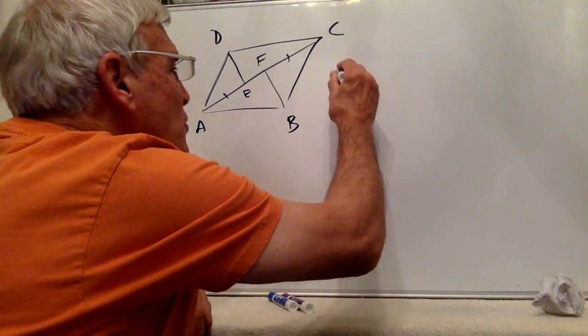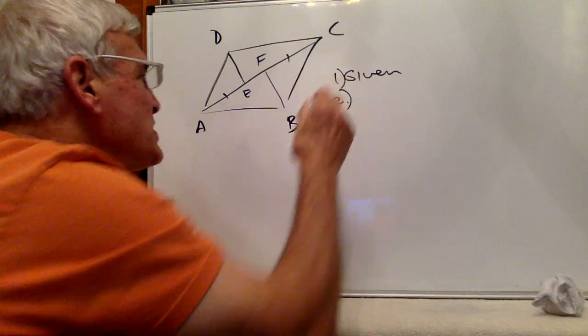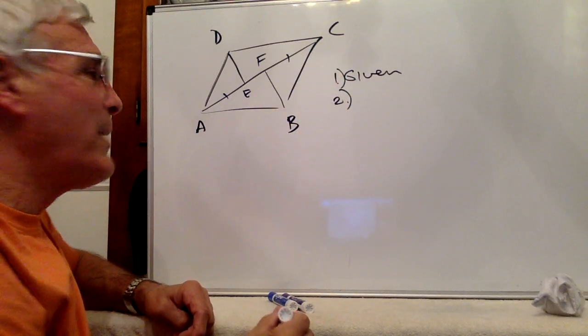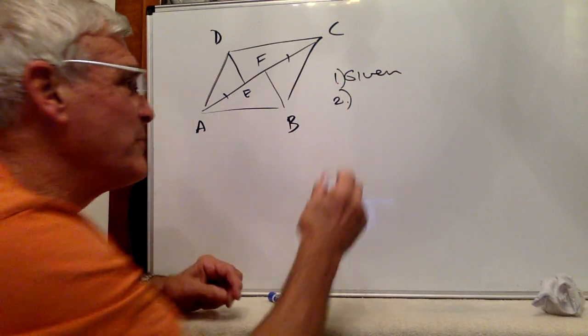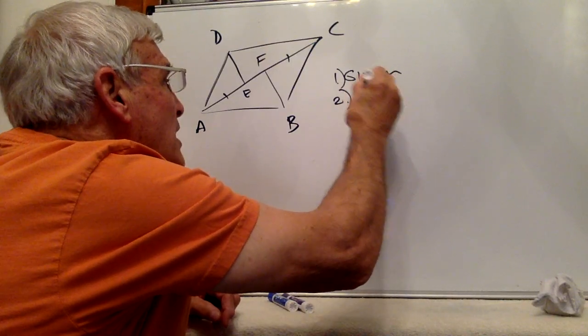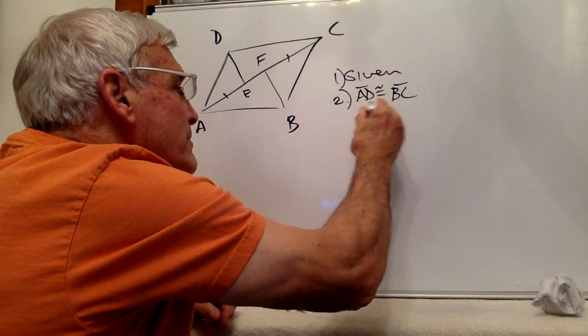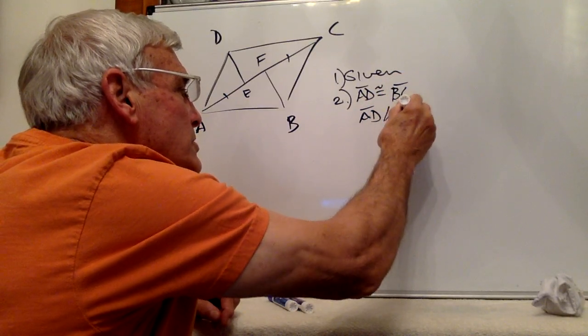So, statement 1, given. Statement 2, I know that by properties of parallelograms, not only is AD congruent to BC, AD is parallel to BC.